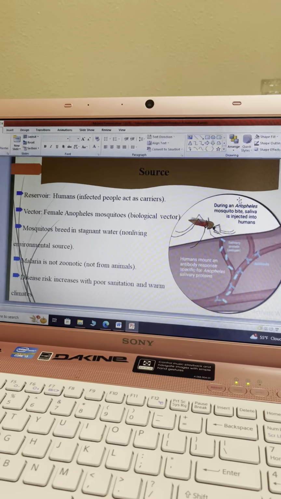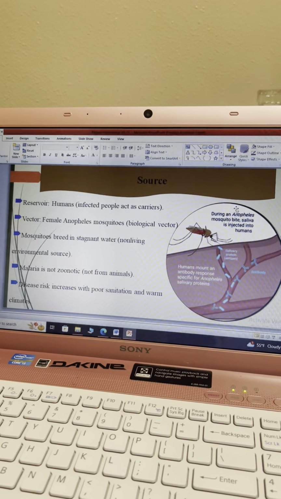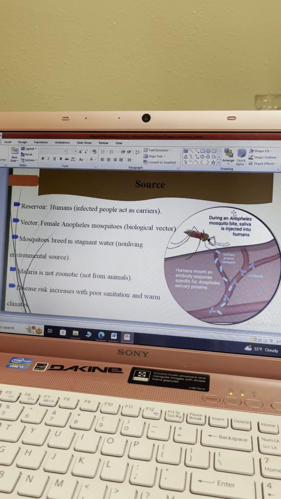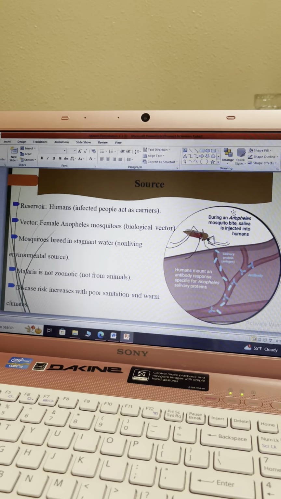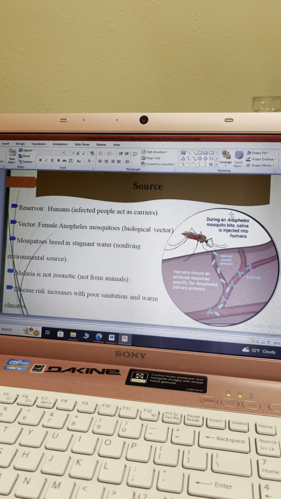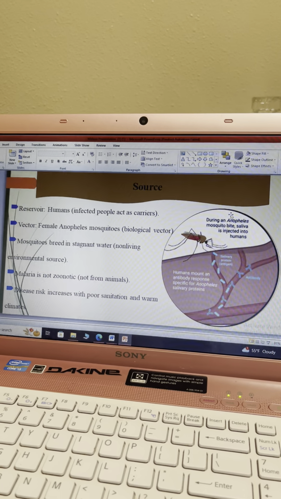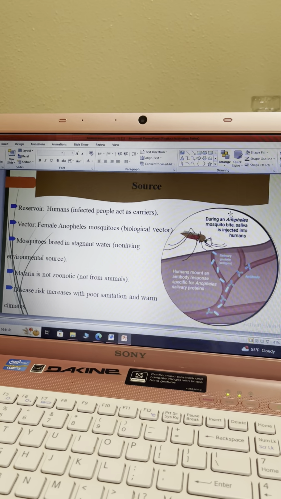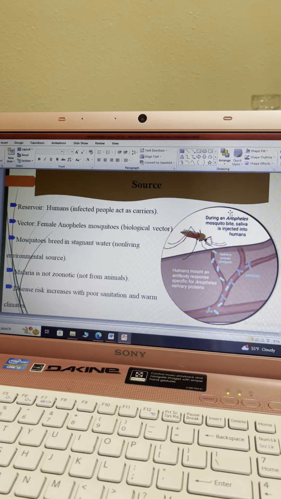Sources. The reservoir: these are humans, people who are infected and act as the carriers. The vector: the female Anopheles mosquitoes are the biological vectors. Mosquitoes breed in stagnant water, which is the non-living environmental source.